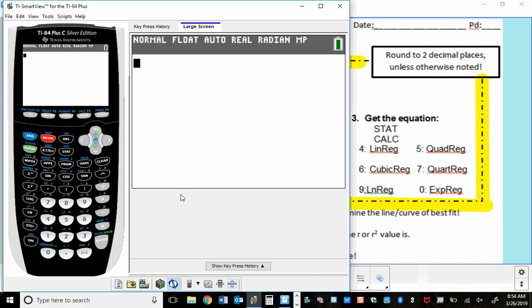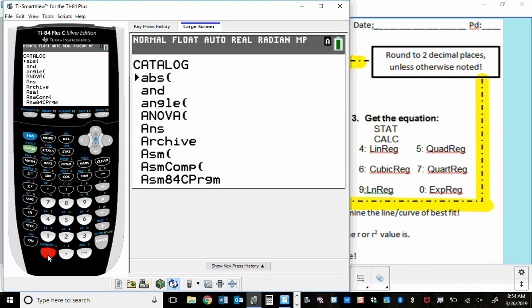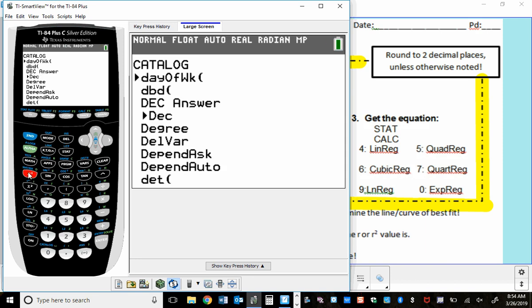Okay, so grab your calculator, hit second 0. And make sure you have a catalog that comes up that looks just like this. You guys have this? All right, you're going to scroll down till you get to the D's. So scroll down and down and down.